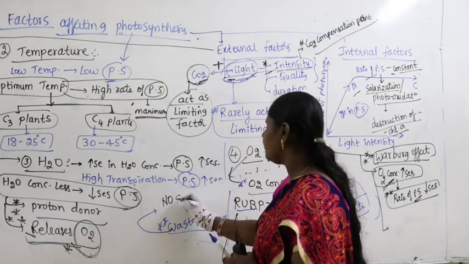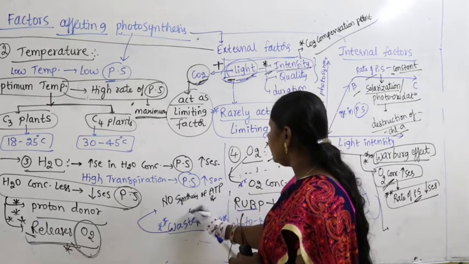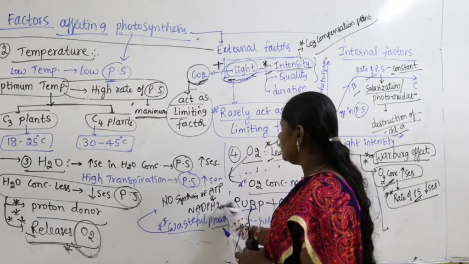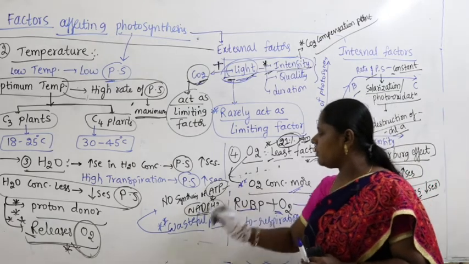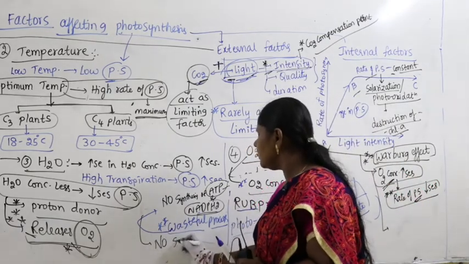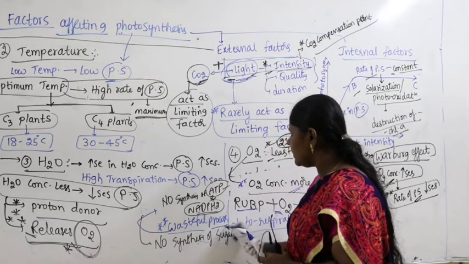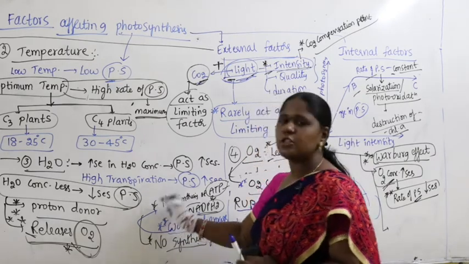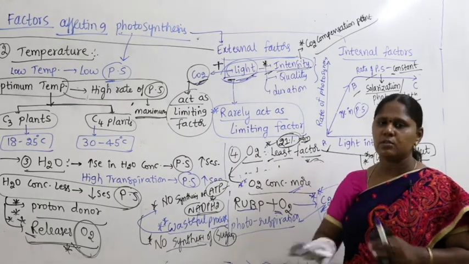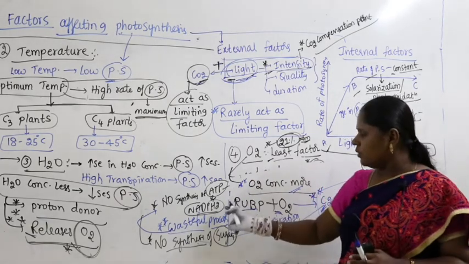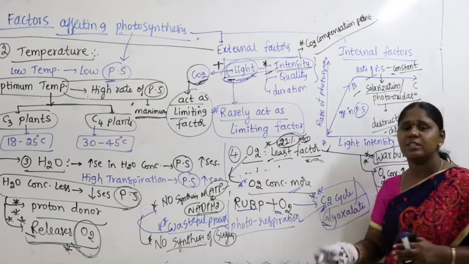There is no synthesis of ATP and NADPH2. In this process no ATP is produced, no NADPH2 is produced, and moreover no sugars are produced. That is why this is called a wasteful process. Moreover, to operate this process, it consumes ATP.